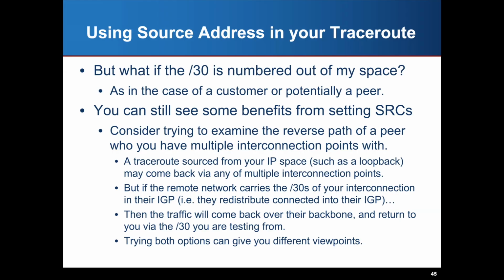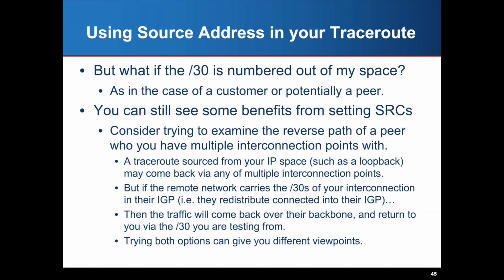And what you'll see in a lot of networks that are out there is they carry those /30s either in their IGP or in BGP preference higher, such that that will trump the normal interconnection policy. So you can see if the traffic comes back over their backbone versus the interconnection point and the other network's backbone, it can give you different viewpoints.